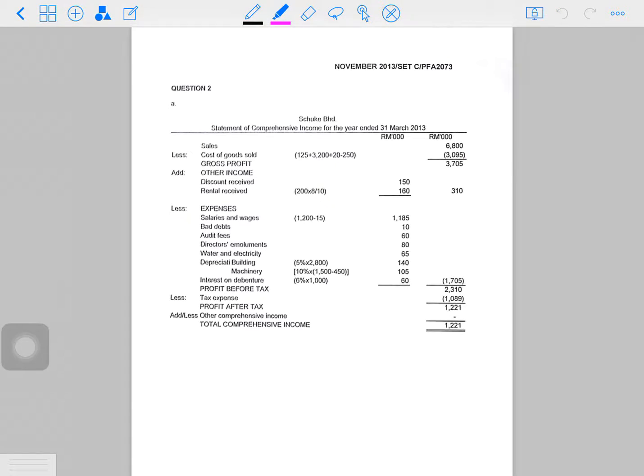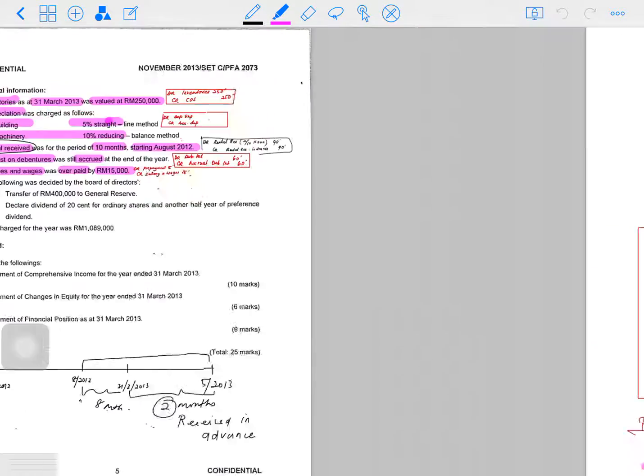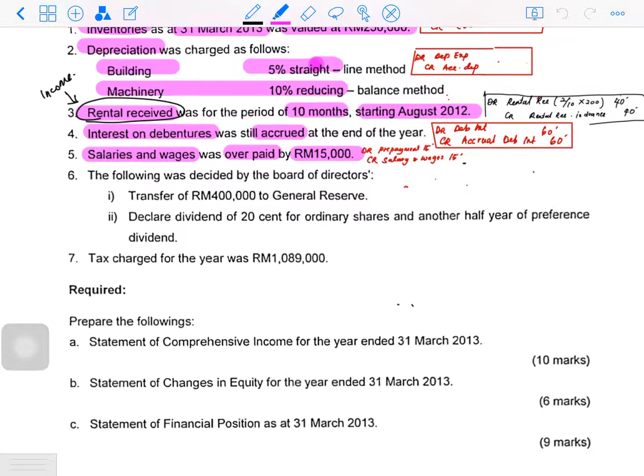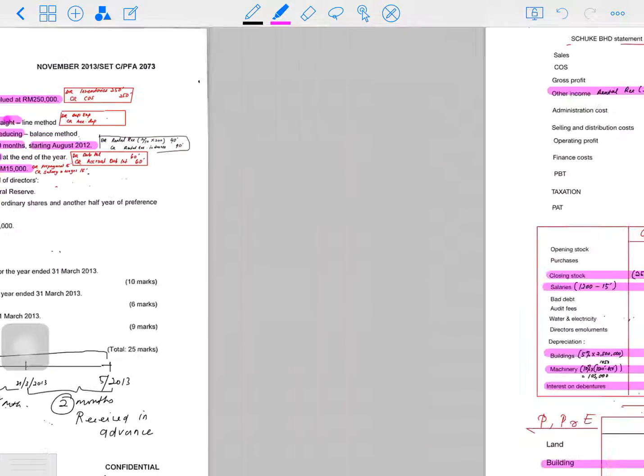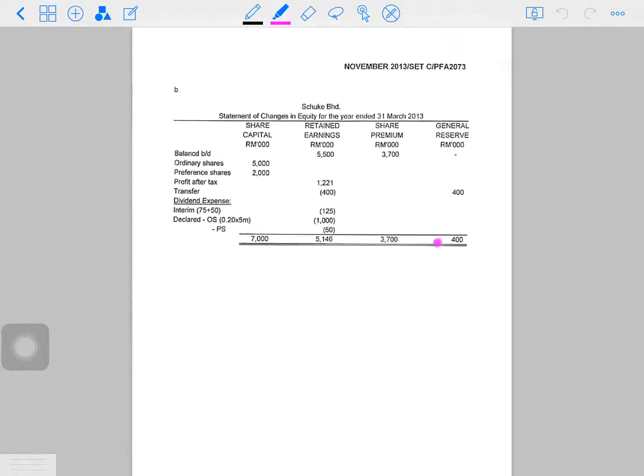Now let's take a look at the next additional information. The board has decided the following: transfer to general reserve 400,000. That means you have to transfer from retained earnings or profit and loss to general reserve. So that would affect your statement of changes in equity.